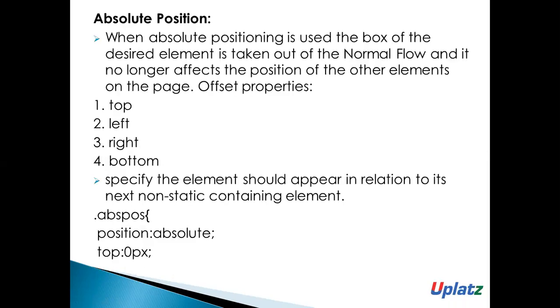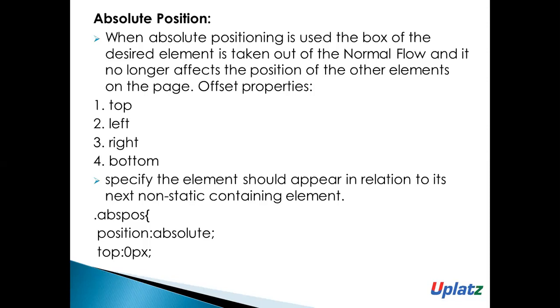So what is absolute positioning? When absolute positioning is used, the box of the desired element is taken out of the normal flow, and it no longer affects the position of other elements. The offset properties are top, right, left, bottom.